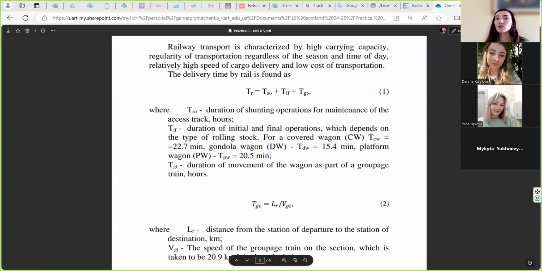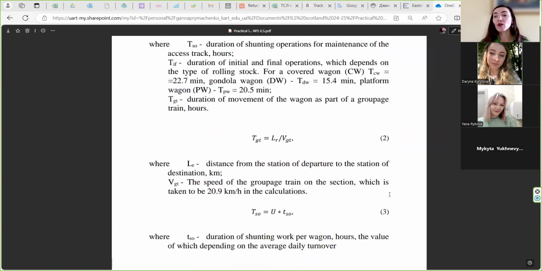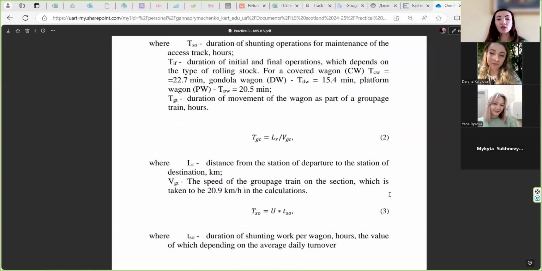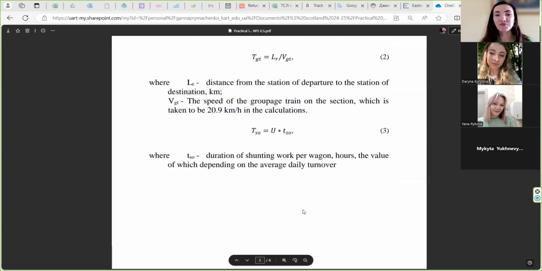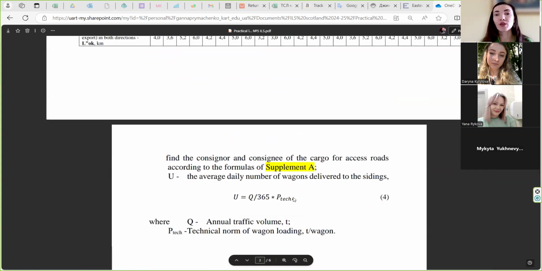Okay, our next formulas are about money parameters: how much money we need to deliver our cargo on some parts of our delivery periods. So, the first four formulas we already calculated. The next formula to calculate is formula number 5, and the next formulas go one by one by their numeration. So we find our formula number 5.